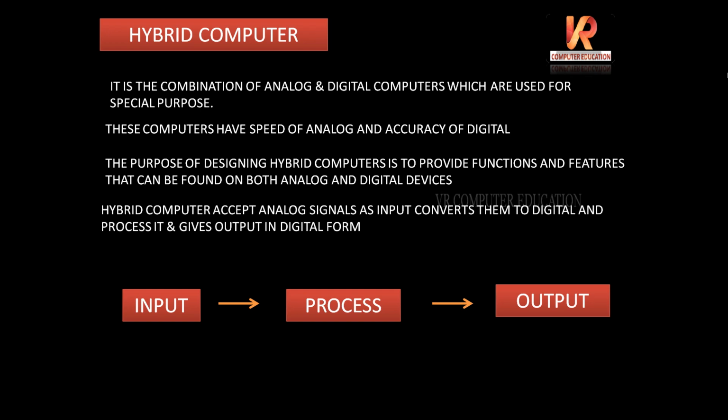Now, if you increase or decrease the speed, the numbers are displayed on the screen. That is called a hybrid computer. It's the best example, right? Analog signals are processed and output is given in digital form. Digital bike meters are one example of a hybrid computer.